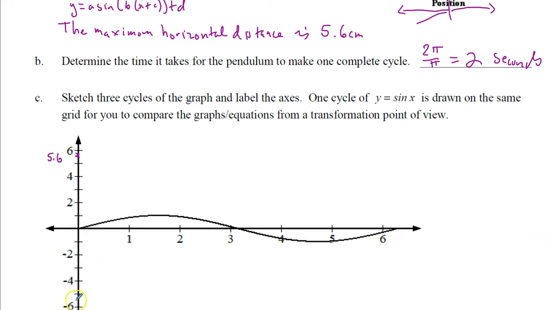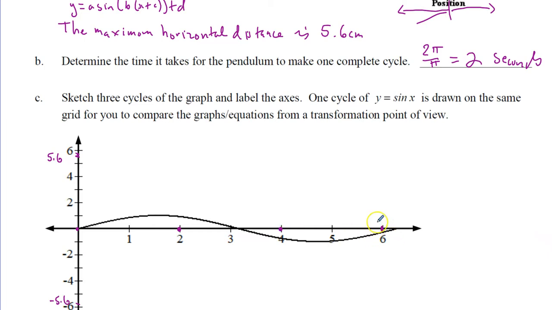We will go as low as negative 5.6. This is going to be our midline, so we'll start at 0, 0. Our period is 2 seconds, so we'll be back to the midline every 2 seconds.